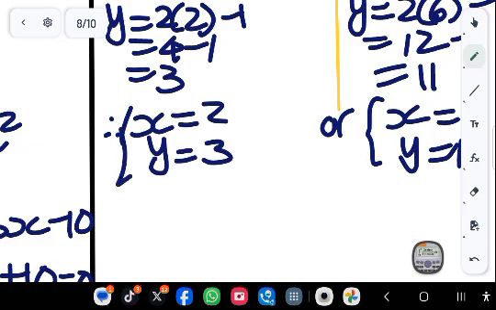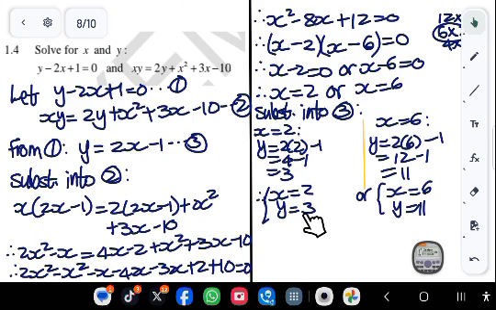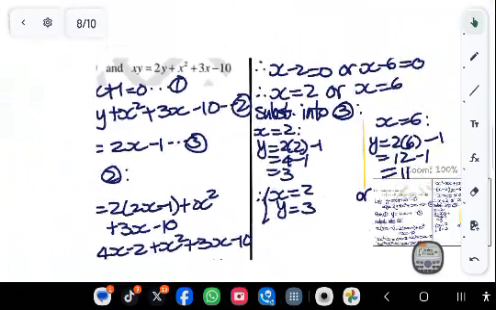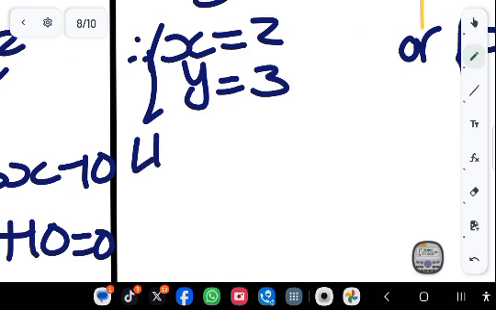You take out a calculator. Use equation number 1 to check if x equals 2 gives us y equals 3. For y equals 3 and x equals 2 in equation 1, we want to see if the left hand side equals the right hand side.